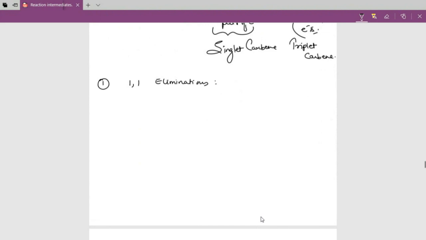Let me tell you some formations. If I have CH2=N2, what is this? This is diazomethane. If I heat it or incident a photon on this, then it breaks into carbene.